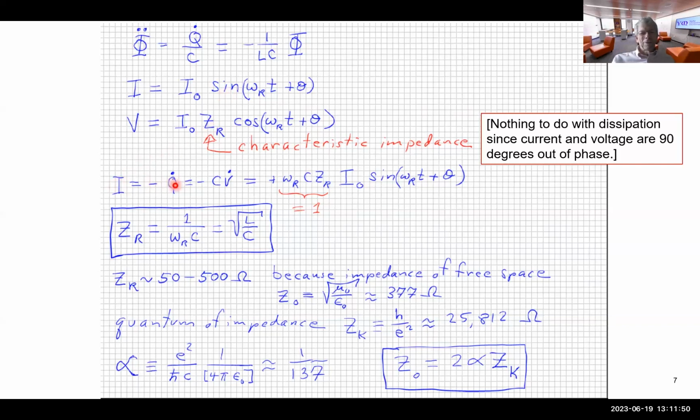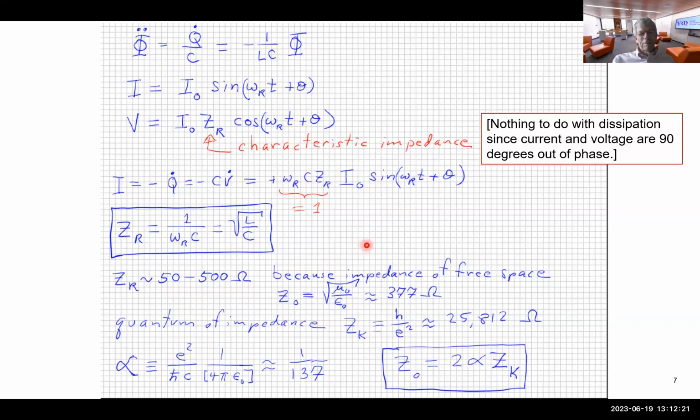But if you solve the equations that tell you what this factor is, it turns out to be the square root of the inductance divided by the capacitance. So the characteristic frequency is 1 over square root of LC, and the characteristic impedance is the square root of L over C. The typical value for this in experiments is 50 to 500 ohms.